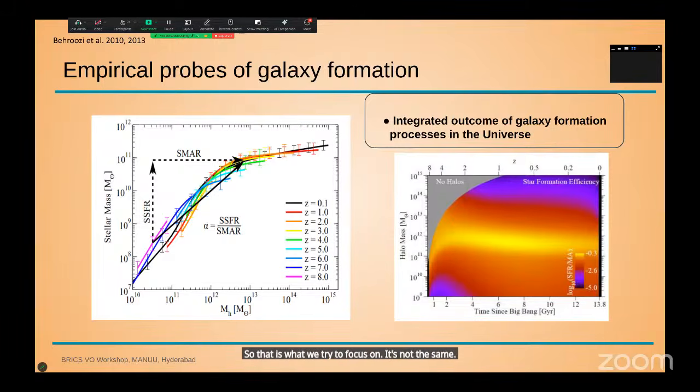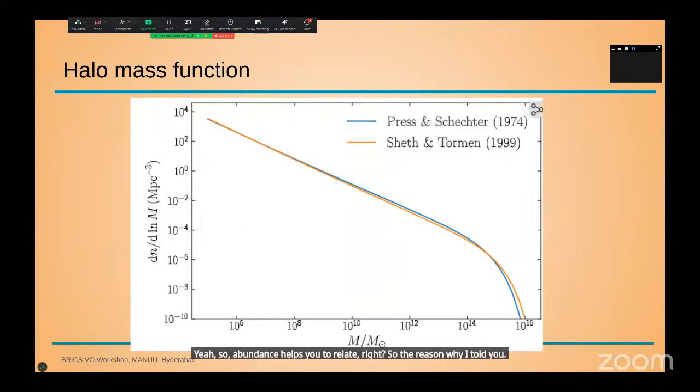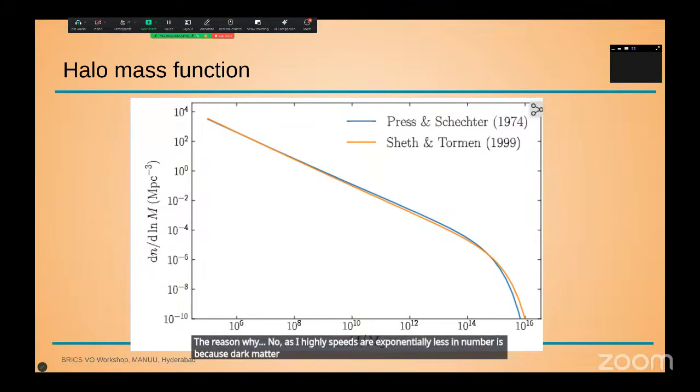On the last part, luminosity and halo mass function, how do you relate that? Yes, abundance helps you relate them. The reason high luminosity galaxies are exponentially fewer in number is because dark matter halos of very high mass are also fewer in number.